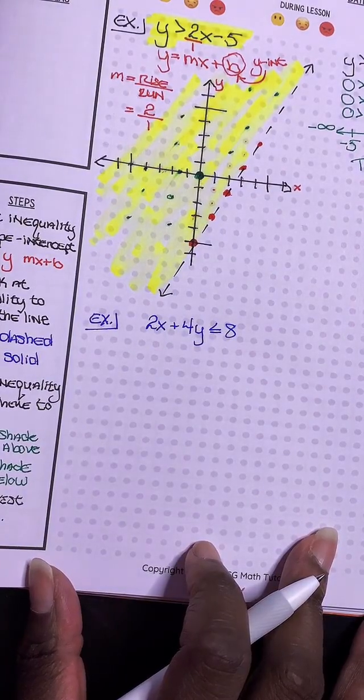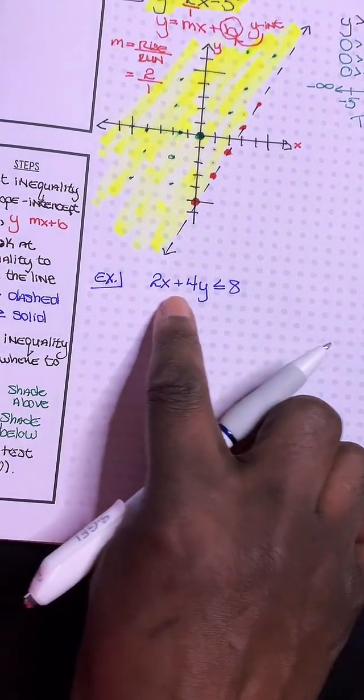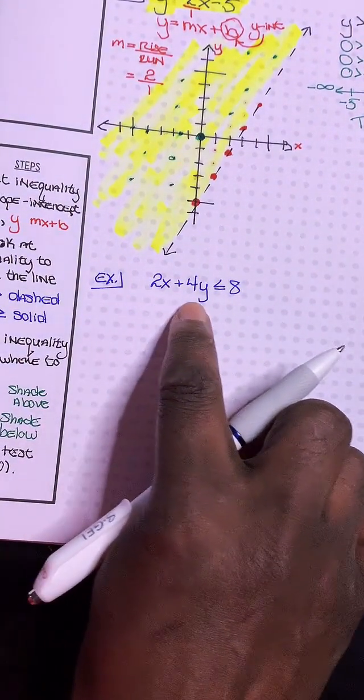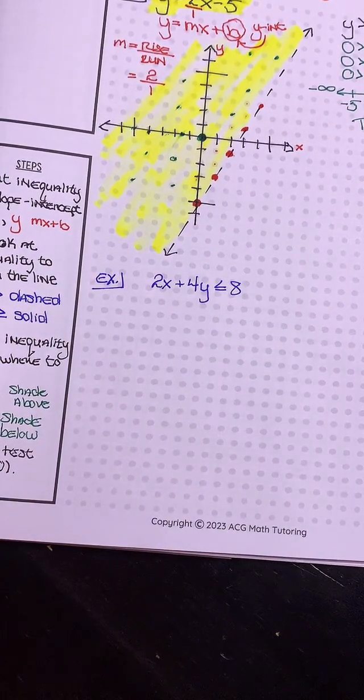All right. So, first thing. Is this in slope-intercept form? Is y by itself on one side of the inequality?